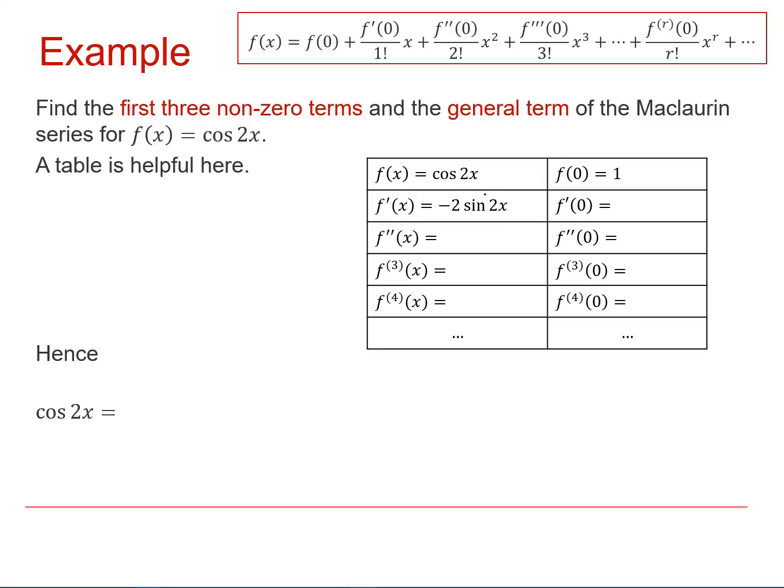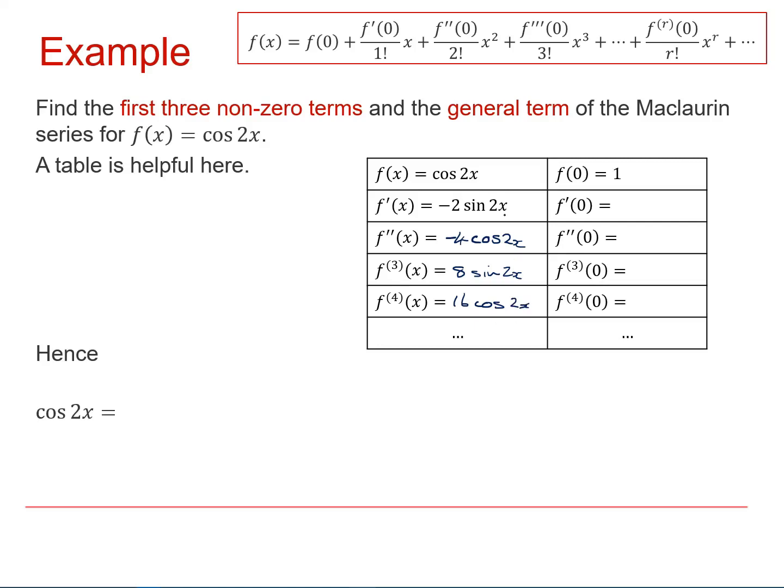If I differentiate this, then when I differentiate sine, I just get cos, so I will get minus 4 cos 2x. And if I differentiate again, I'll get a sign flip. Cos is minus sine when you differentiate, and I'll get 8 sine 2x. And again, I'll get 16 cos 2x.